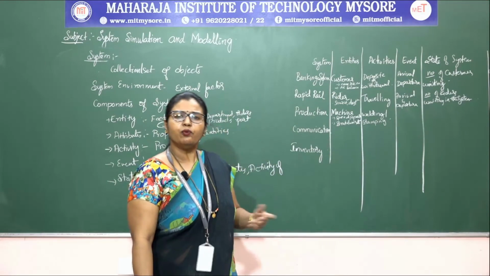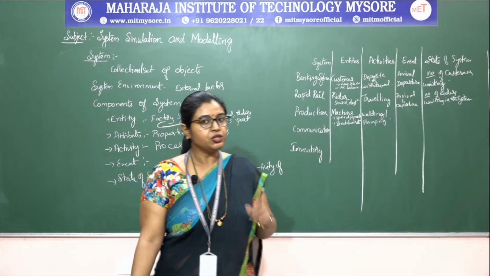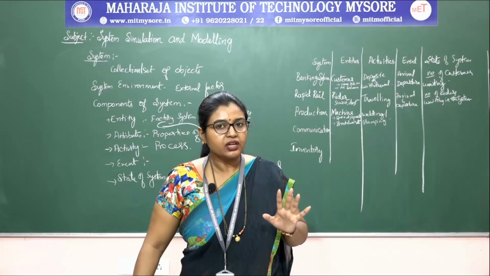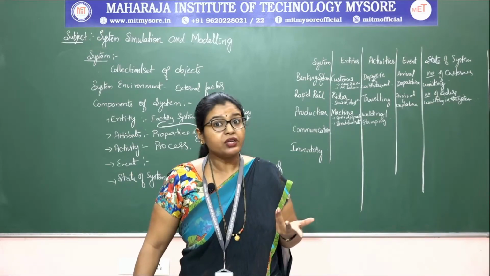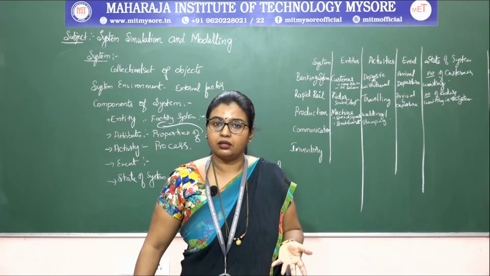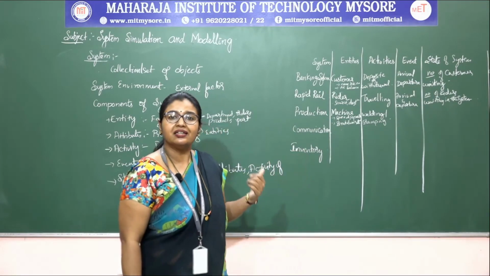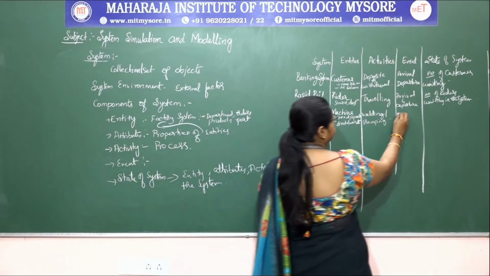And now what will be the event? If the machine is in good condition, definitely it works well. Otherwise, it is not working. That means there may be a chance of breakdown. So that will be considered as an event.